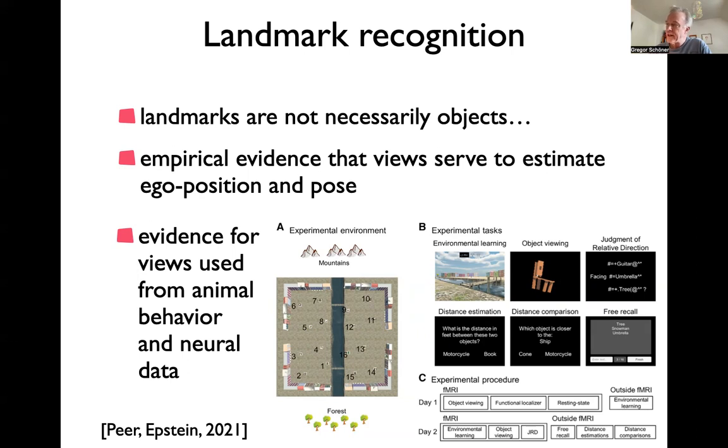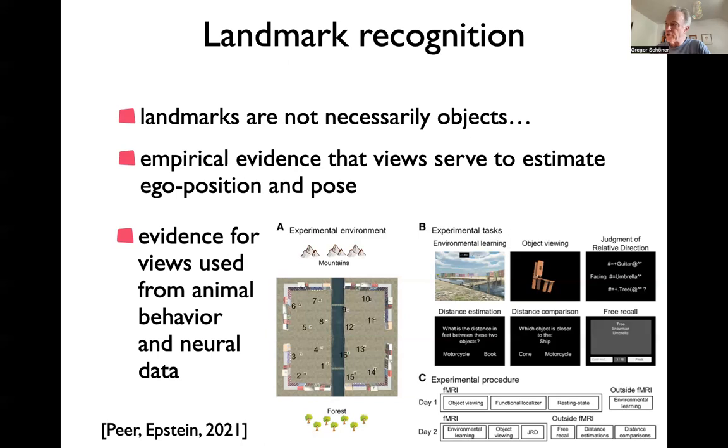You'll see that in many of the animal examples, including human examples, you're not actually using objects, but something like views, like a panorama view. So if you're in a particular location in town, you have a certain view around you, where maybe the individual objects are recognized. So it could be a view that's built conceptually from discrete stuff, but it could also be a view that is just a continuous view.